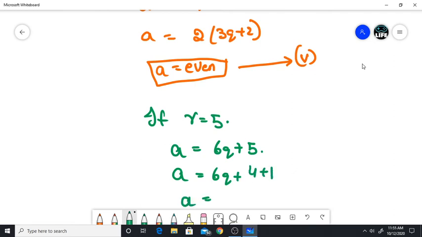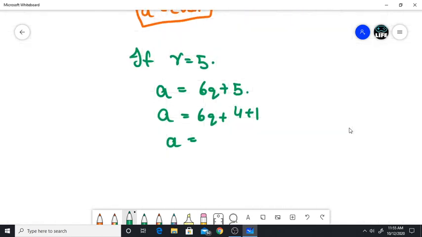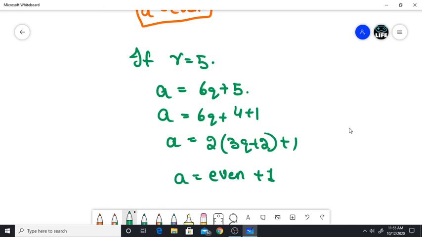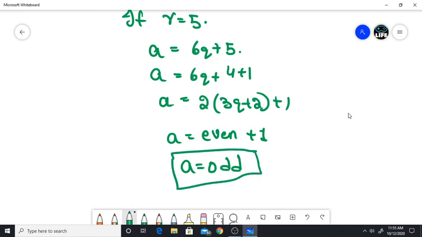So a equals, taking 2 as common, 2 into 3q plus 2, plus 1. Multiplying any number with 2 gives you an even number. So a equals even plus 1. So a equals an odd number. Simple. Mark it as 6.